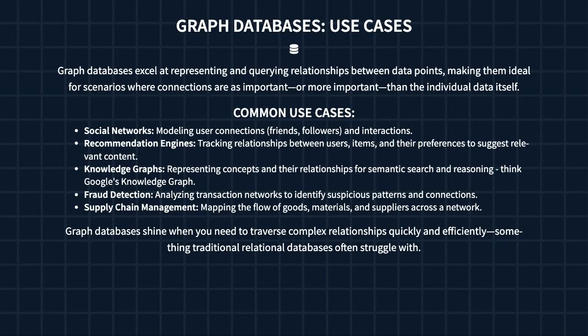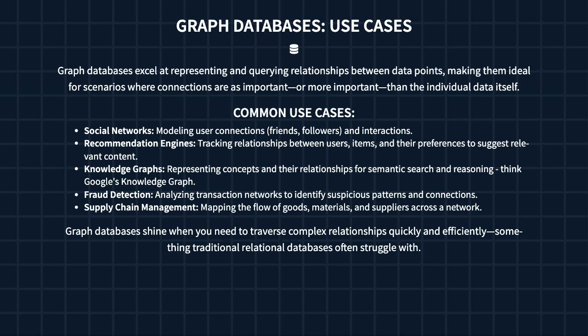Okay, so let's talk about graph databases. They're really useful in specific situations. Basically, instead of just storing data in tables, a graph database focuses on the connections between pieces of information. Think about social networks, how your friends are connected to each other. Graph databases are perfect for modeling those relationships. They are also great for recommendation engines, figuring out what you might like based on who you know or what items you've interacted with.